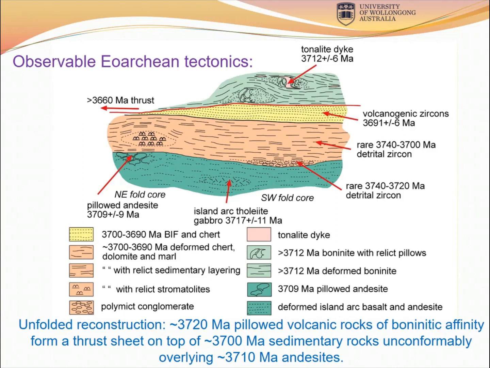So in other words, what we have is older rock thrust on top of younger rocks. This isn't the sort of thing that you're going to be finding in basically what's called stagnant lid tectonics, something which we'll get on to in a moment.